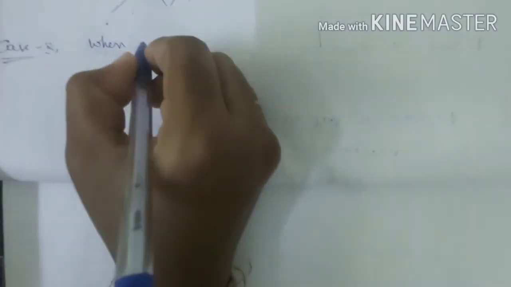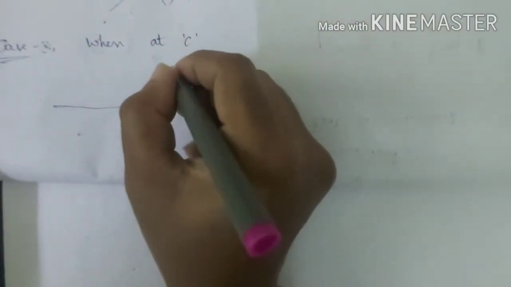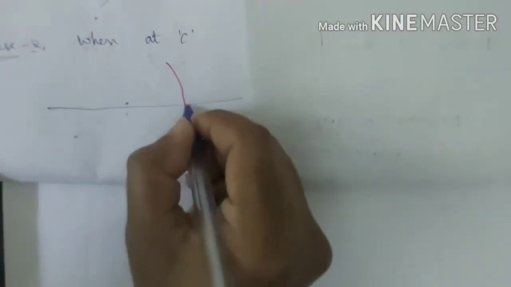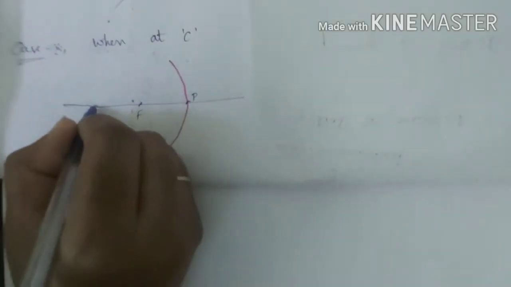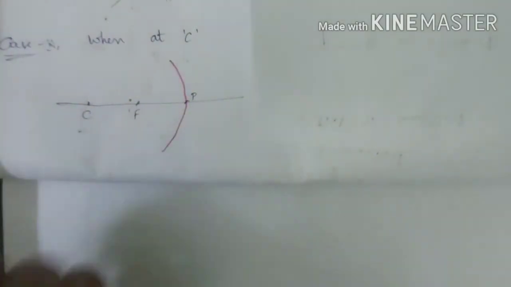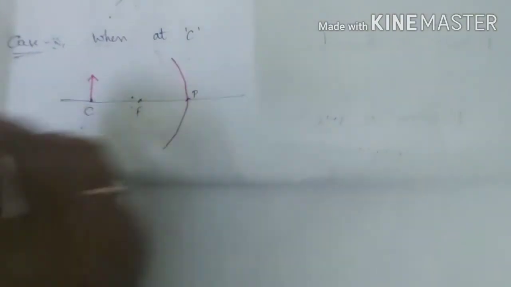Let's see case 3, when the object is exactly at C. So here I am drawing my concave mirror, pole, focus, center of curvature. Let's take this as my image.